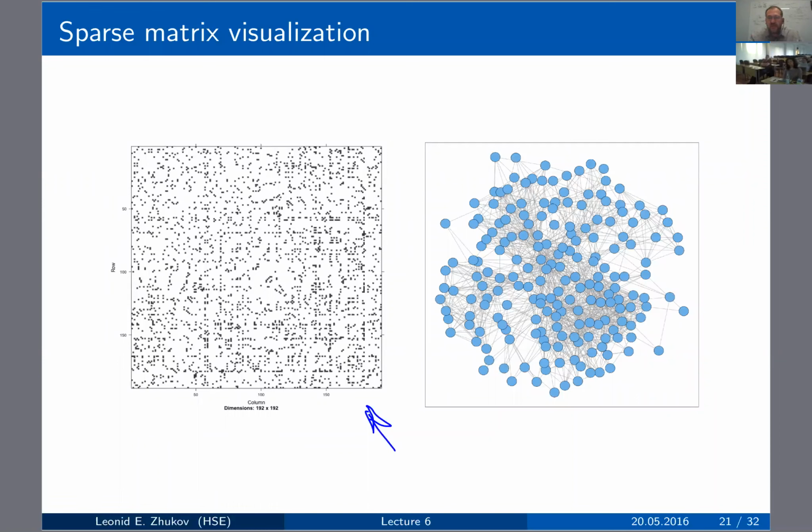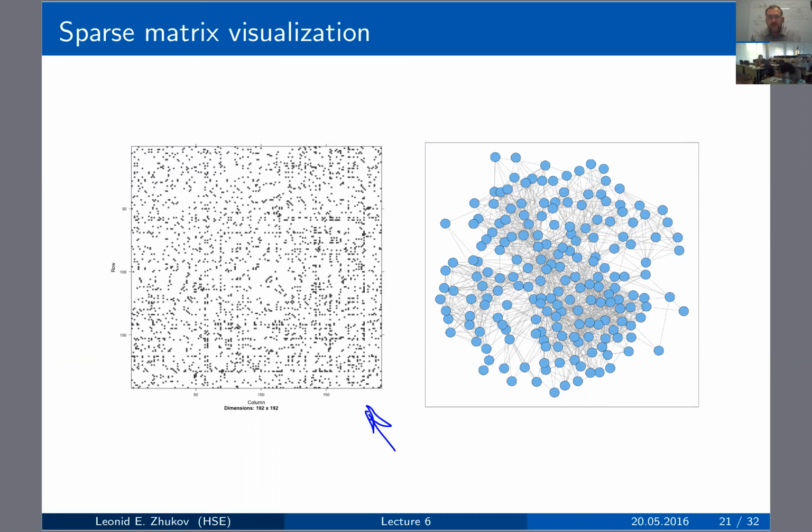You don't see much from the matrix; it's the graph picture that gives you much more. So the question is, is it possible to do some sort of operation on this matrix, like changing rows and columns, just permuting it, so that we will see some structure in there? And the answer is yes, you can.